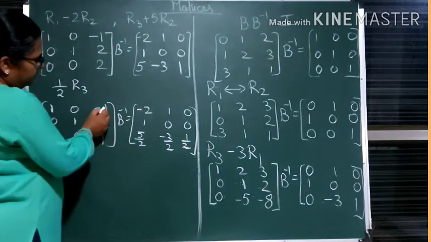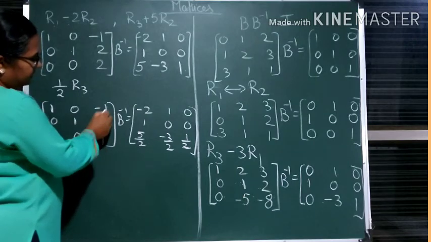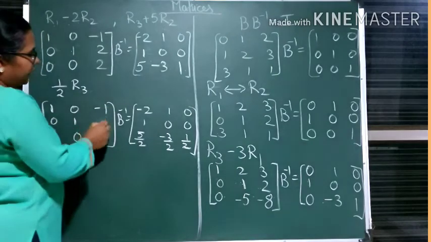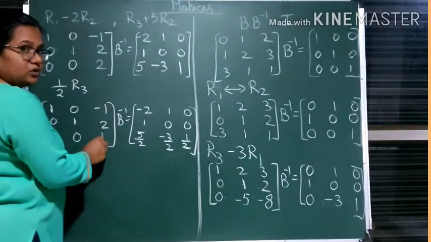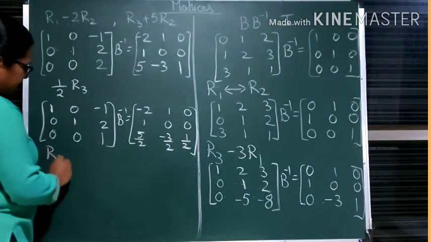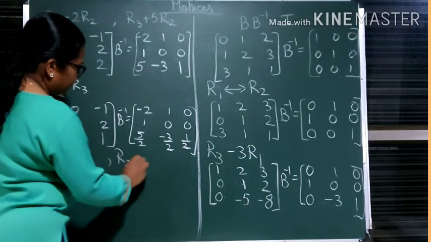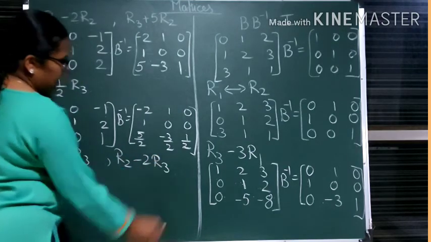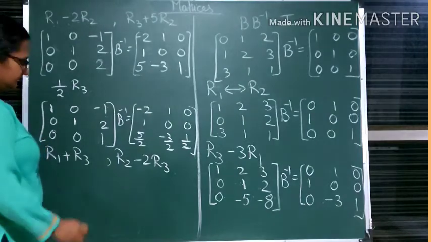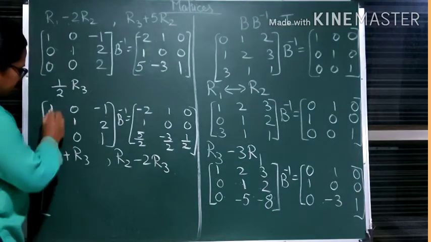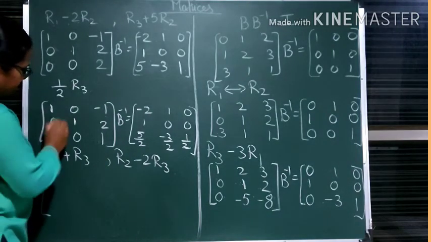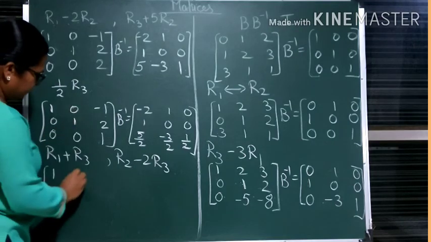What should be my operation? If I add this element with this element, minus 1 plus 1 is 0. Then R2 minus 2 into R3. So my operations will be R1 plus R3 and R2 minus 2 into R3. Yes. So you can see here 1 minus 1 plus 0, 1. 0 plus 0, 0.